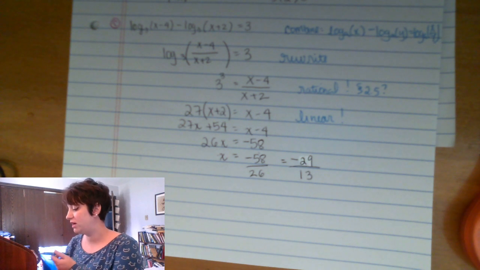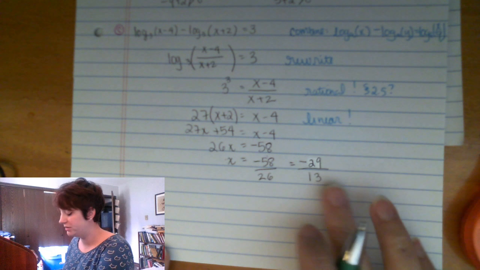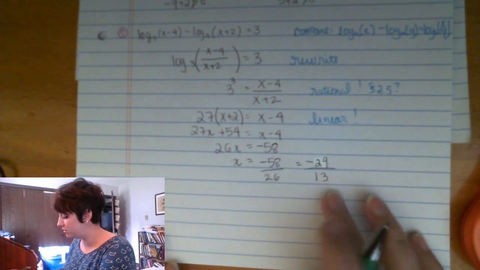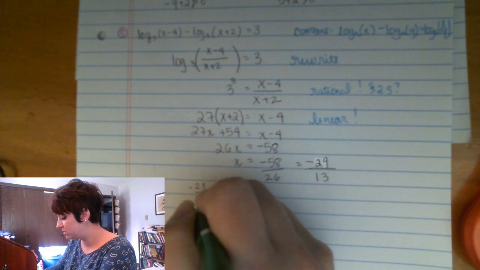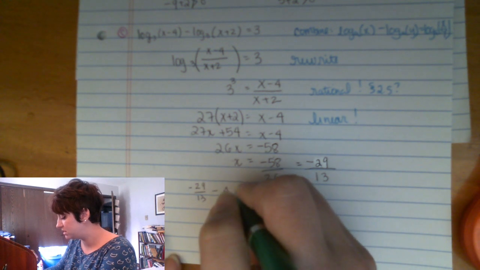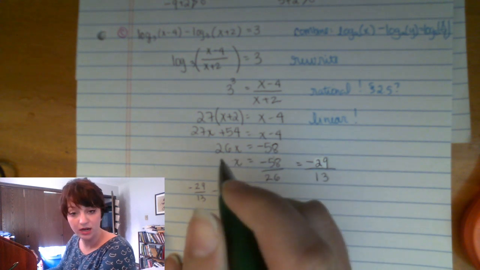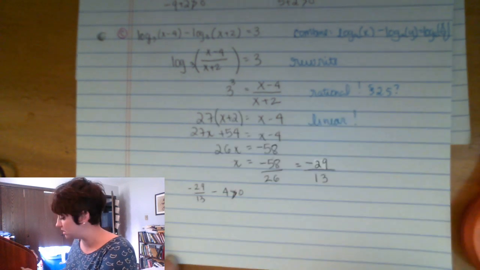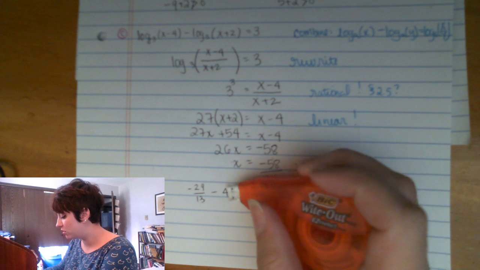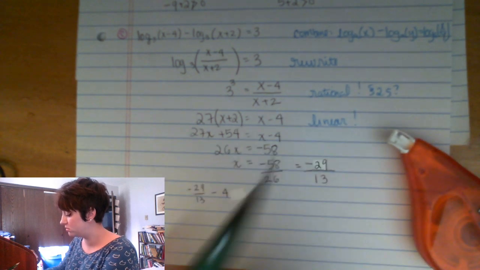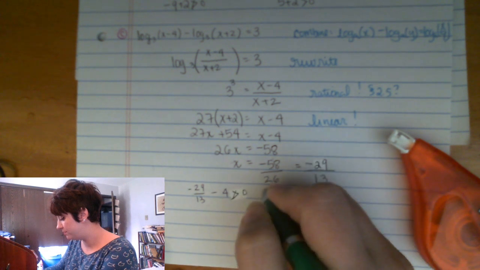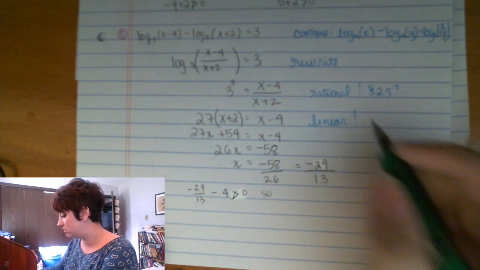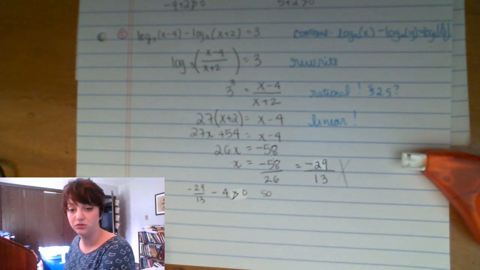All right, we do have to check. Now, it doesn't actually matter what this exact number is because negative 29 over 13 minus 4 is still negative, right? If you take a negative and you subtract, you don't somehow end up positive. So this is just more negative. This is not bigger than 0. So I actually cannot use that.